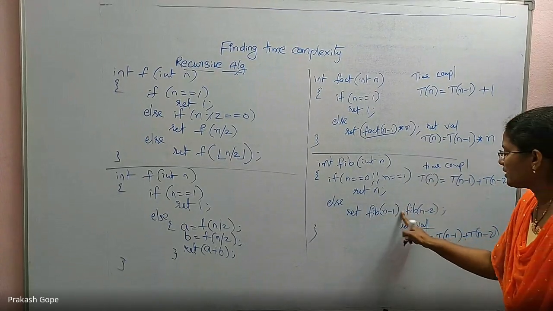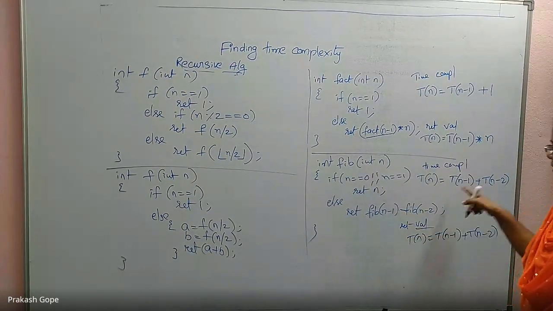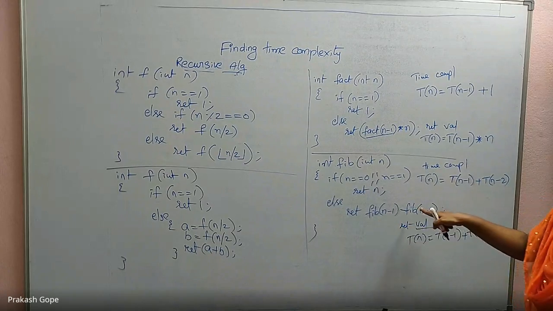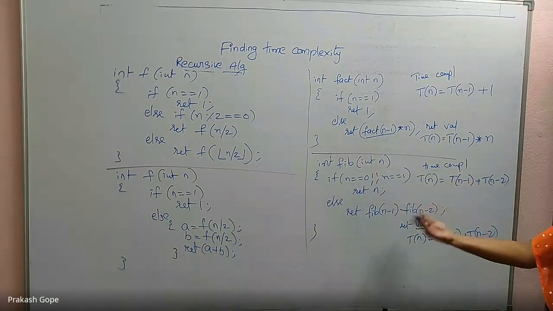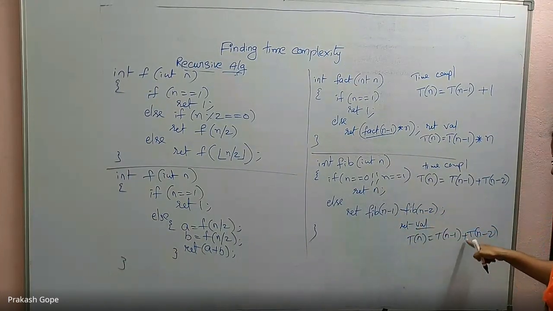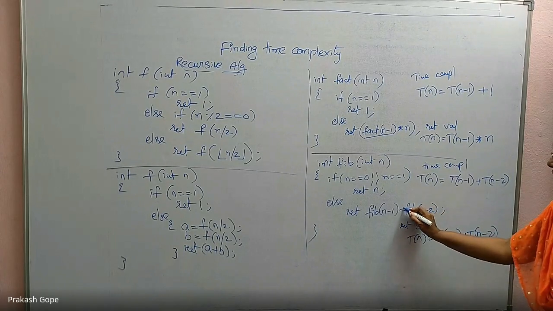Whether you have minus, multiplication, or division doesn't matter. Time taken by this plus time taken by this is the total time taken. But when it is about the value, whether you are subtracting, dividing, or multiplying matters.